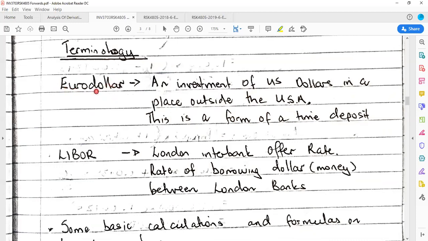We call that a Eurodollar investment because they are transacting in US dollars and they're doing this outside the USA. So it's a form of time deposit. You put money into a bank or into an investment for a certain amount of time, then you get the money afterwards with interest. But you're dealing in US dollars and you're outside the United States, right?